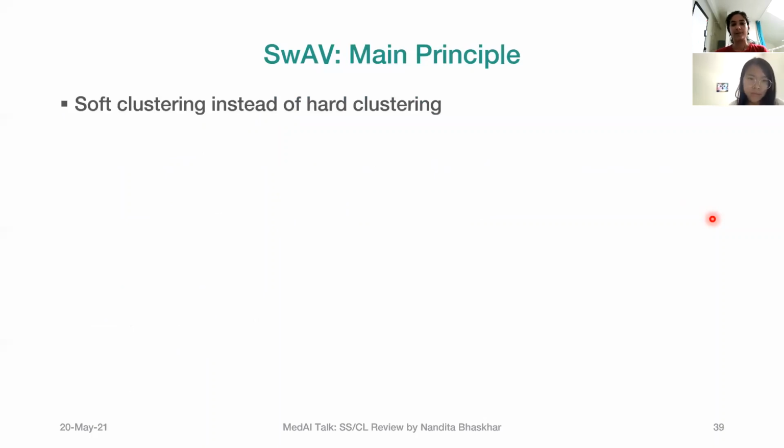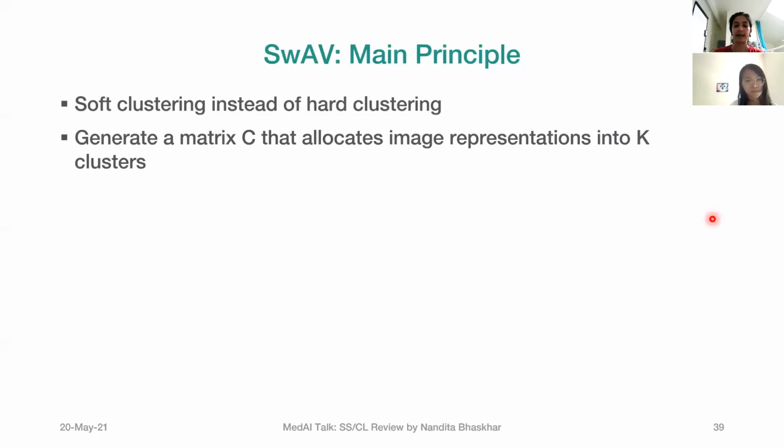So this is a different type of clustering where you're not doing a hard cluster. Instead, you're treating it as a probability distribution and doing a softer clustering. So what you do is you generate a matrix C that allocates different image representations into K different clusters. What the matrix C is doing is essentially transforming or projecting a D-dimensional vector into a K-dimensional vector.